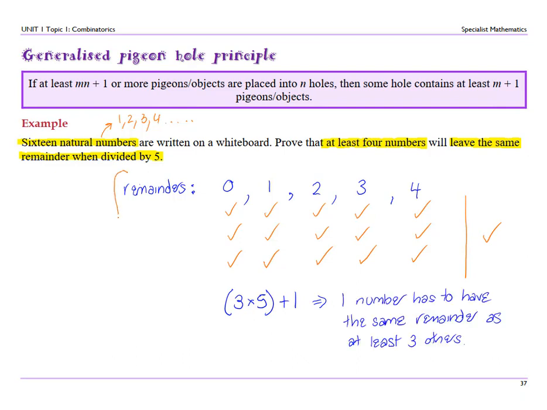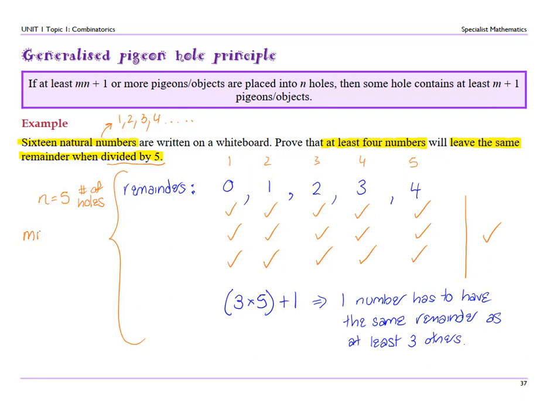So let's think about this in regards to our generalized pigeonhole principle. We have dividing by 5, so n equals 5. That represents the number of holes. So if you think about our pictorial representation, we have 1, 2, 3, 4, 5 holes.